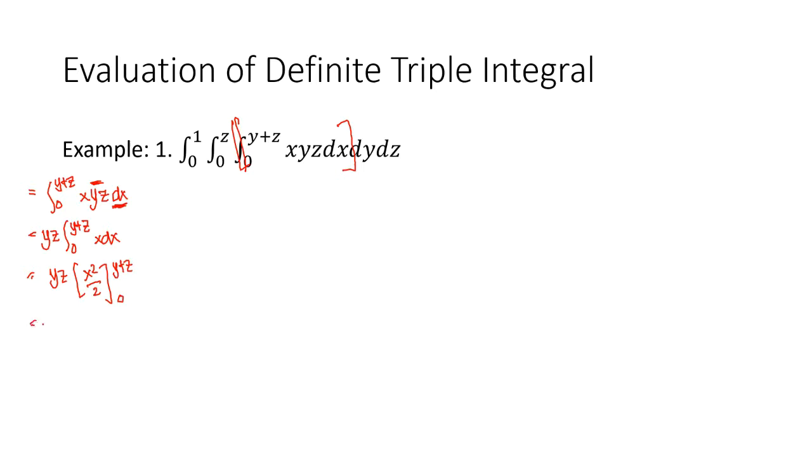So after that, since this is a definite integral, we'll be substituting the upper limit to our variable x subtracted by the lower limit. So we have yz times (y plus z) squared over 2 minus 0.